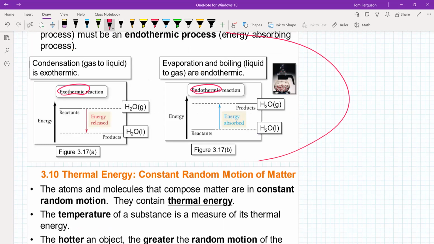Okay, so make sure you understand this concept going from potential energy to kinetic energy, hot, cold, endothermic, exothermic reactions, and then also the heat capacity problems. Okay, so that is unit 2.